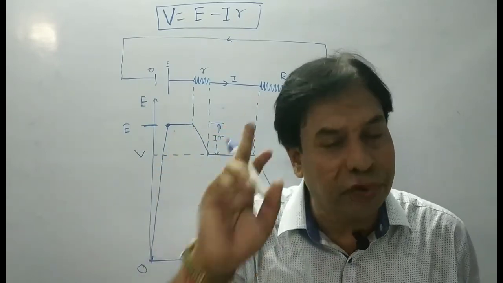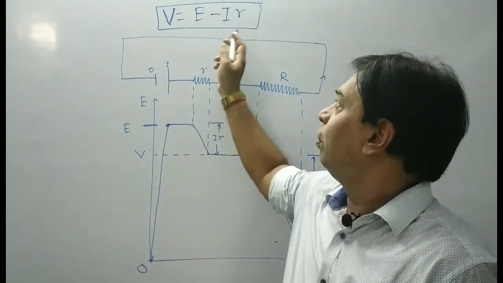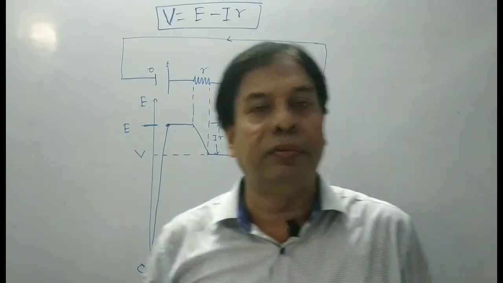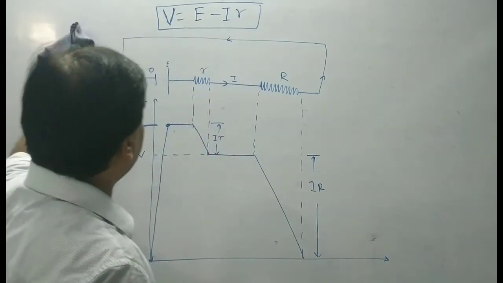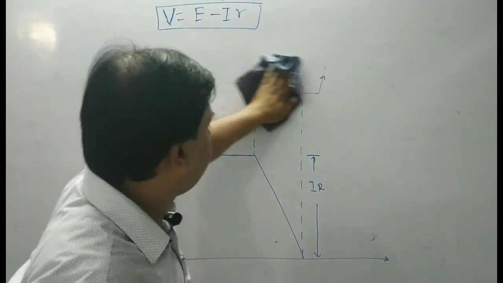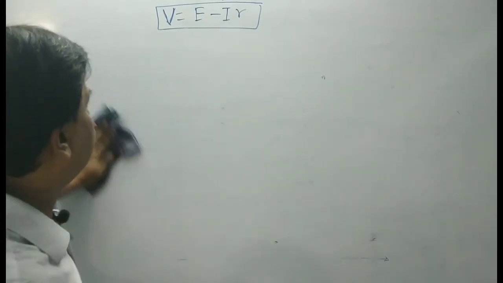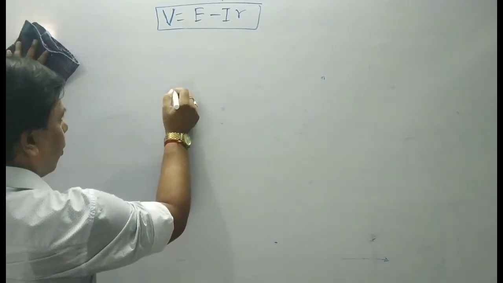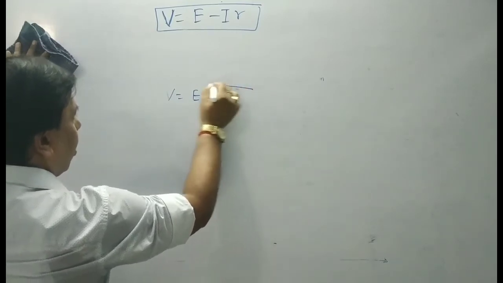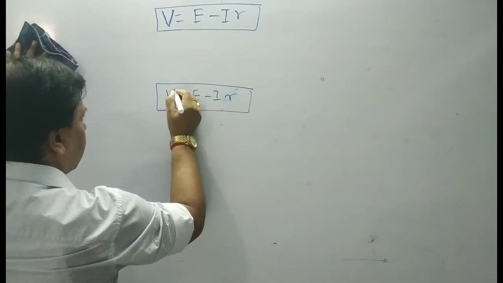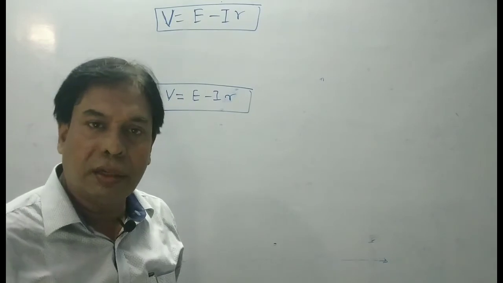When we are required to find E, we are supposed to take the internal resistance of the cell simultaneously. So this is a very, very important formula, and the concept is very, very useful while dealing with the cells. V is equal to E minus Ir.